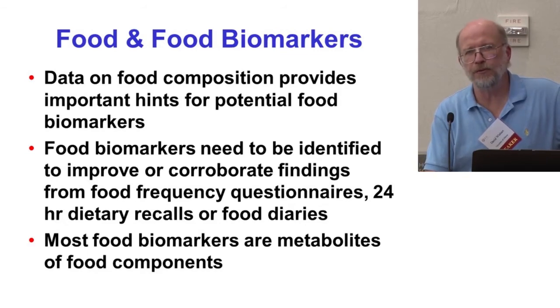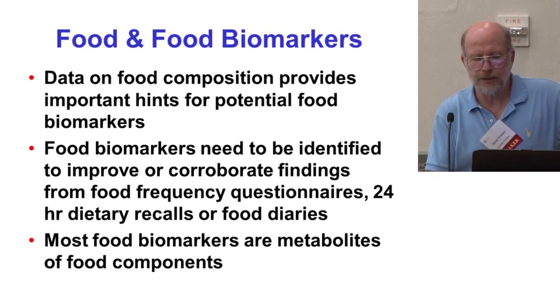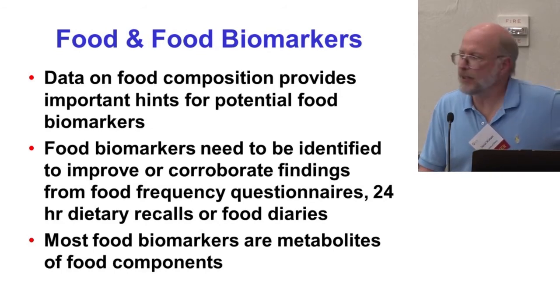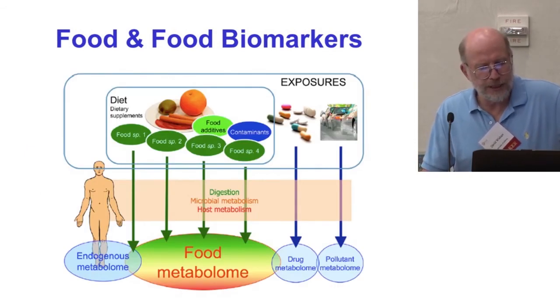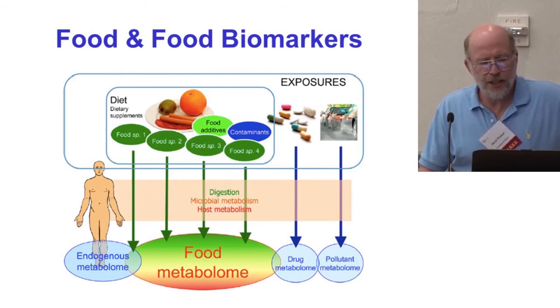They are transformed by your gut microflora or liver enzymes into something that's a little different than what you ate. And this is kind of illustrated here, which is a diagram we've used a few times to illustrate exposures, including the food we eat, and how these exposures, foods, drugs, pollutants, are transformed by our body to generate a whole bunch of other metabolomes.